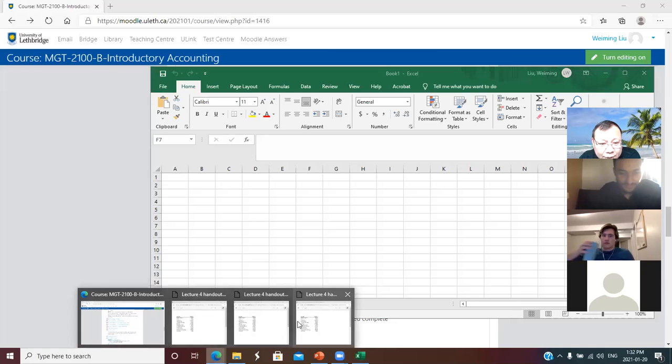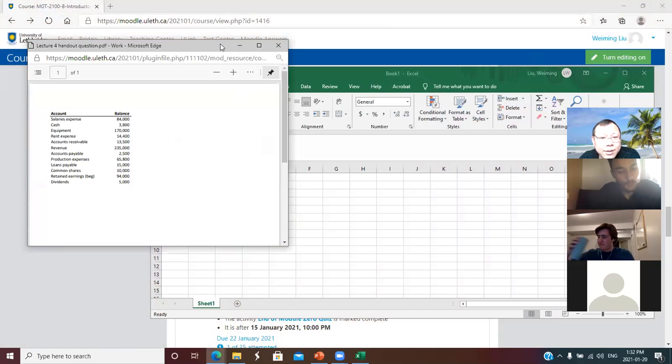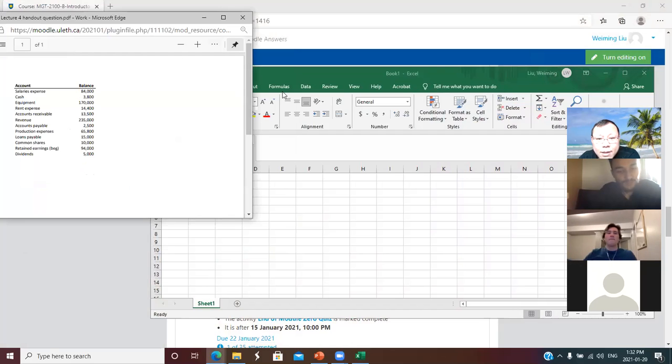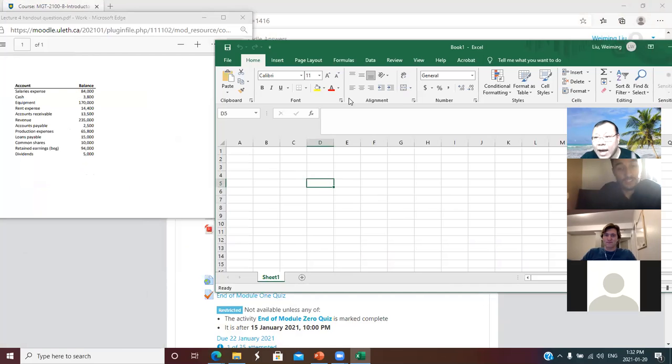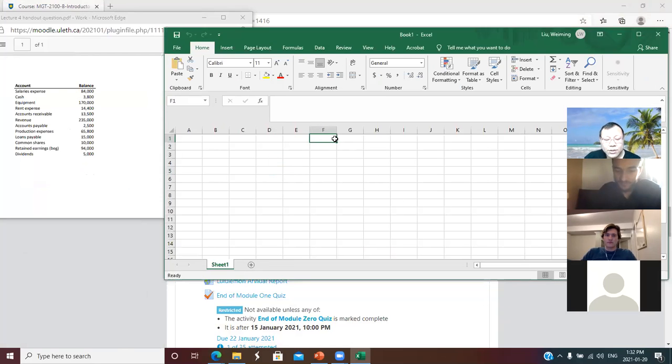Okay, so here. I'm able to see my Excel sheet and also the information here. Basically, in the beginning, you're gonna have a company's name, right? Company name.